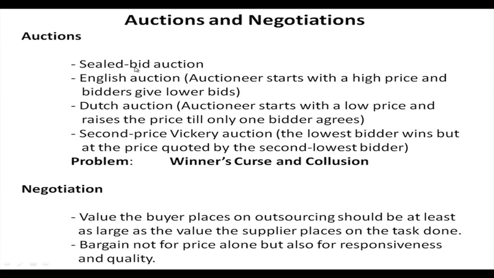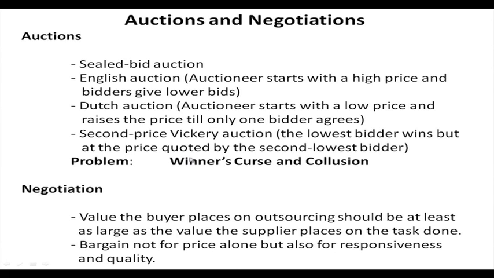And in all these three auctions, particularly in the sealed bid auction, there is a problem known as winner's curse, in the sense that the winner ultimately is giving a bid which is higher than he could have given.